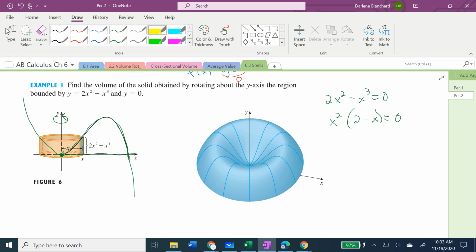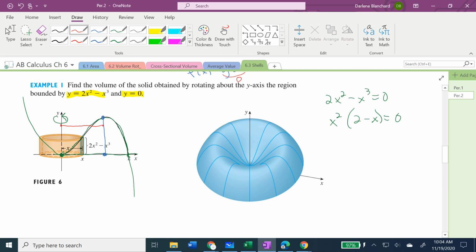so we've got this region bounded by y equals 0 and this curve, and that makes it just this section. So what I'm going to do is draw a sample rectangle, and then draw a little radius over to the axis of rotation.